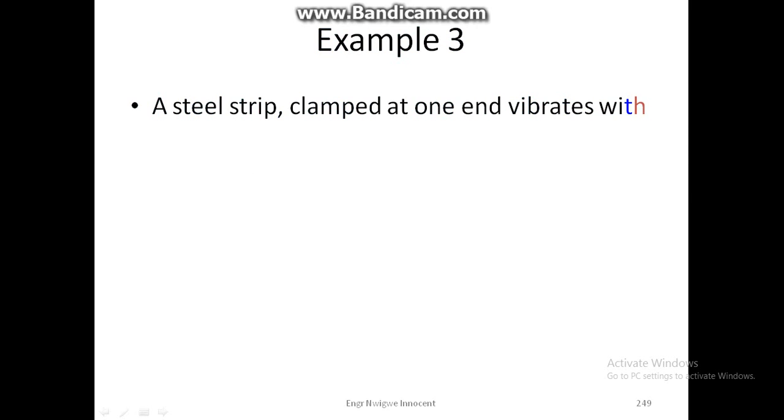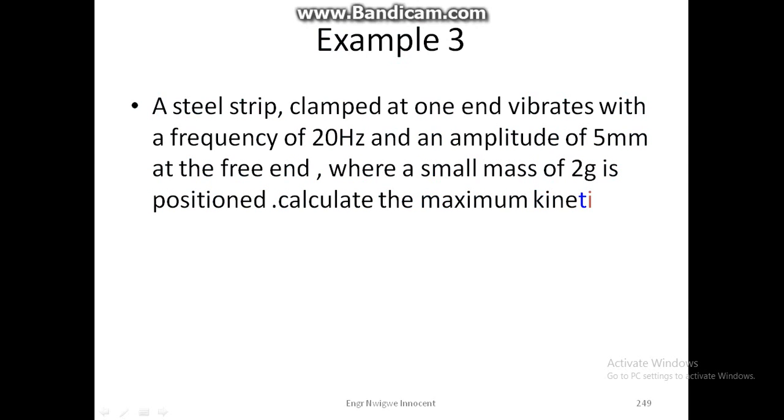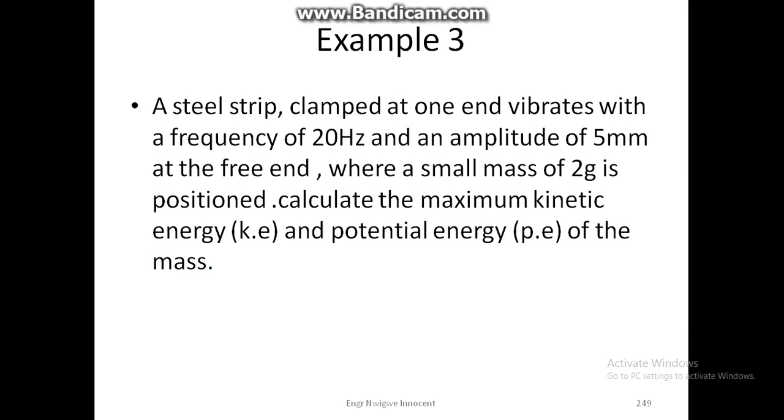Example 3. A steel strip clamped at one end vibrates with a frequency of 20 Hz and an amplitude of 5 mm at the free end, where a small mass of 2 grams is positioned. Calculate the maximum kinetic energy KE and the potential energy PE of the mass.